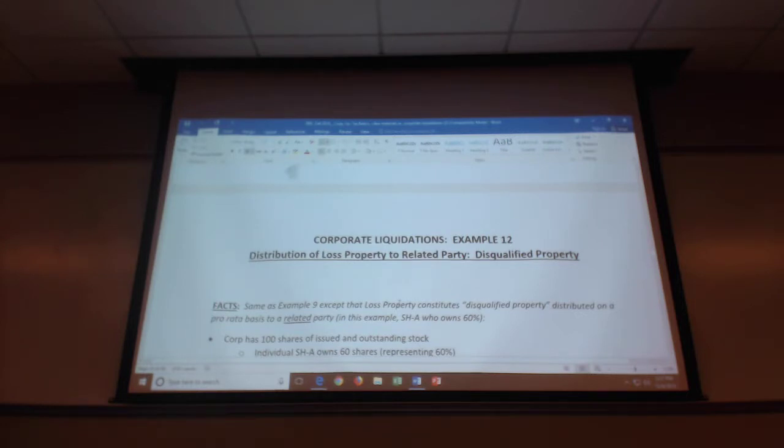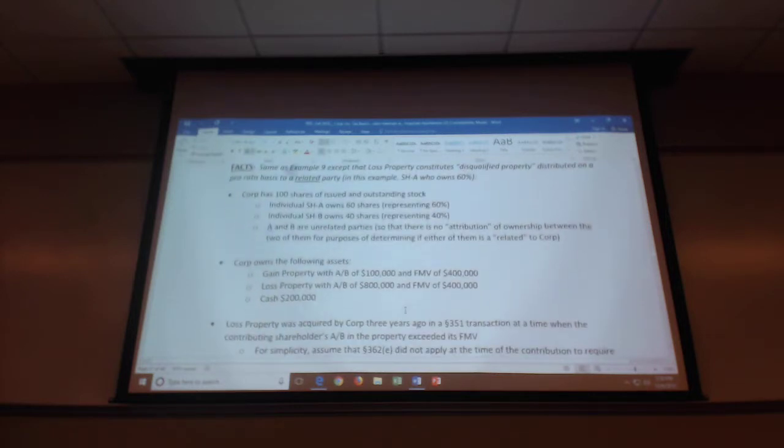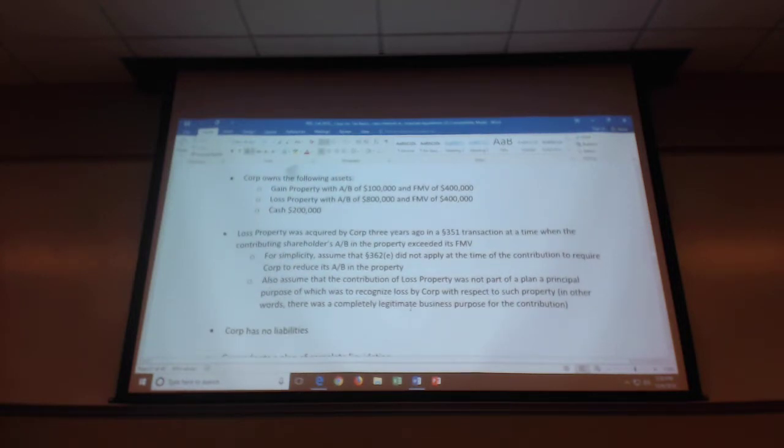All right, so this example assumes that we have a lot of bad guys who are doing something possibly illegitimate, because the facts, which you have to read carefully, the same basic numbers, but the facts assume that the loss property, instead of having been purchased by the corporation, okay, wait, I stand corrected because the bad guy example is coming up ahead.